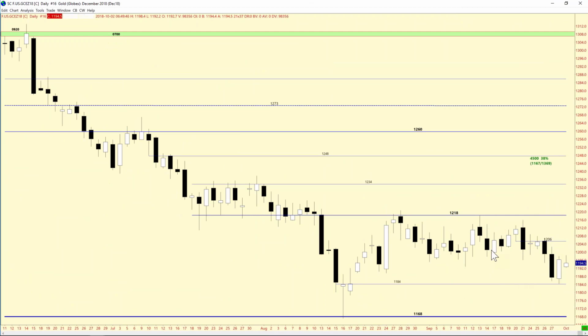A couple of weeks, 3 weeks back, the market looked like it was setting up for a little bit of a bullish move, and gold, for the most part, was holding up relatively well considering the dollar strength. But eventually it was just too much.